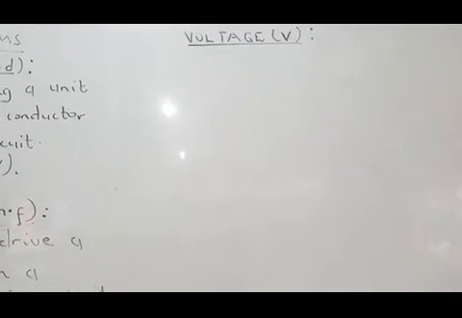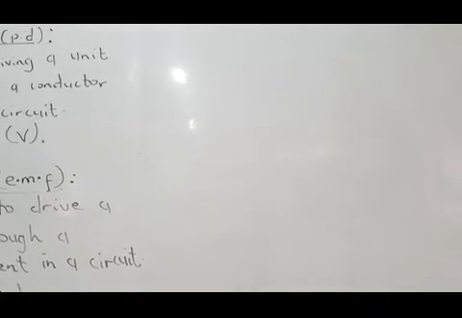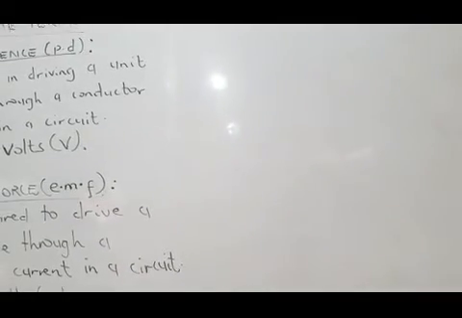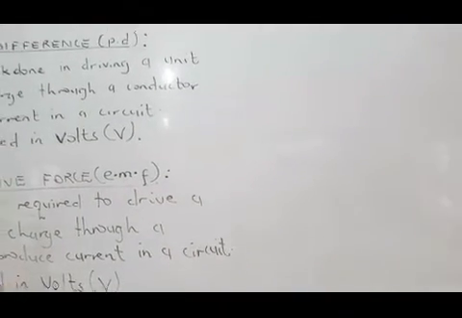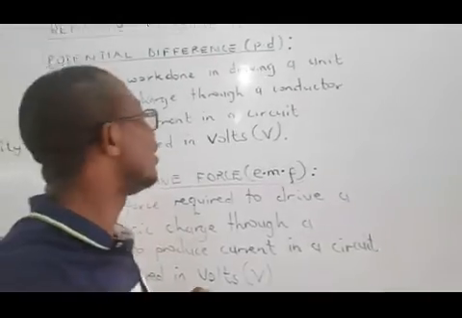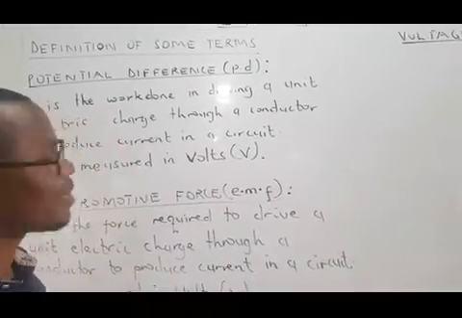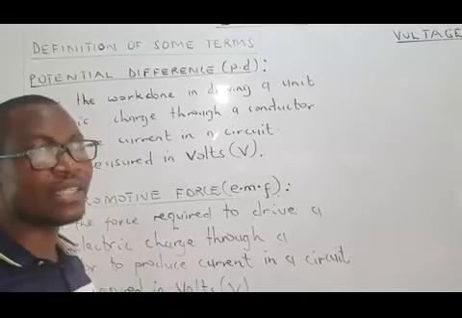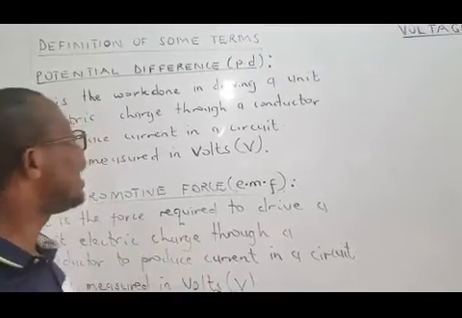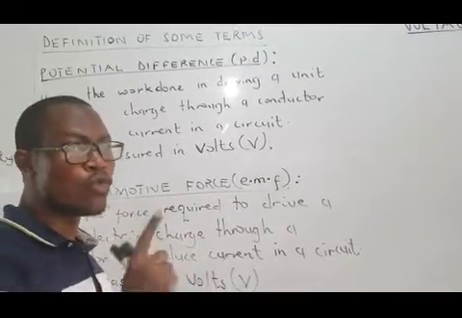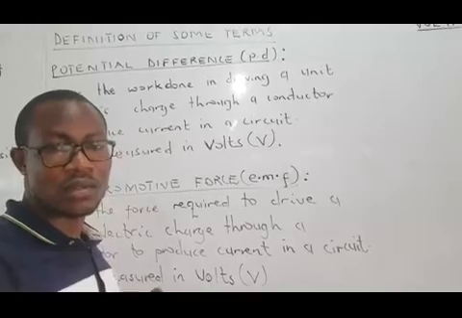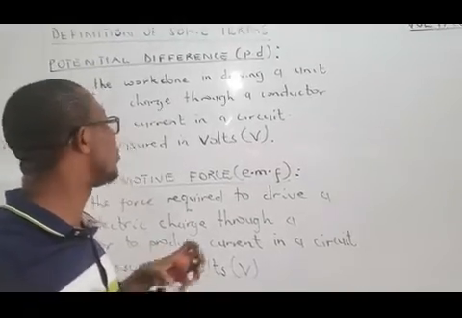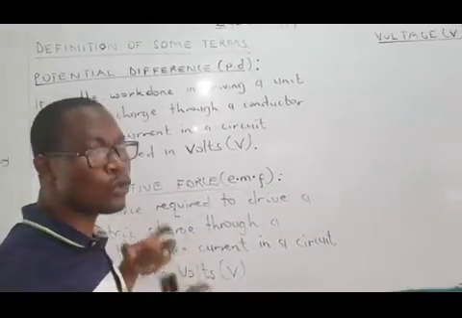We've looked at types of circuits. I talked about open circuits and then closed circuit. I said that when a circuit is open, meaning that the key or the switch is open, electric current will not flow through the circuit. But when the key is closed, we said that the circuit is closed.